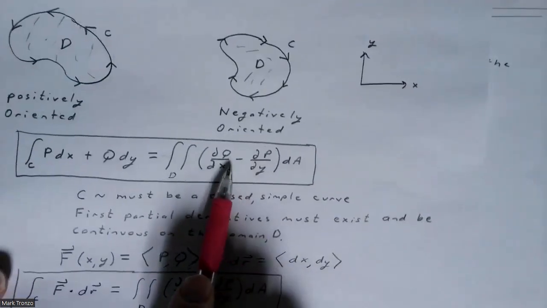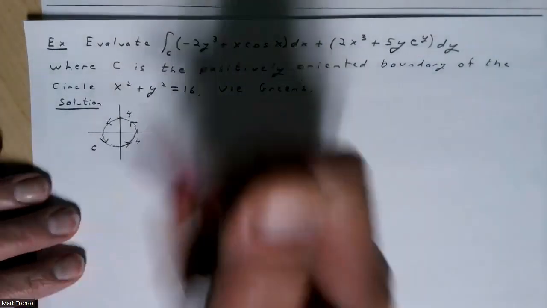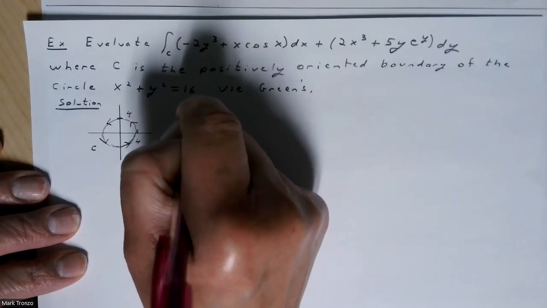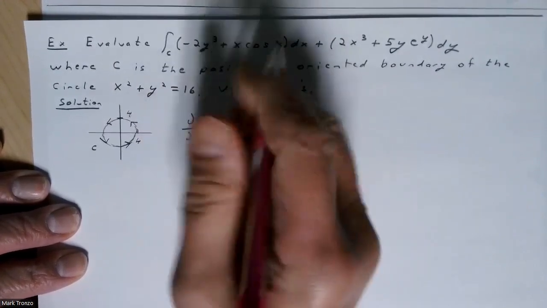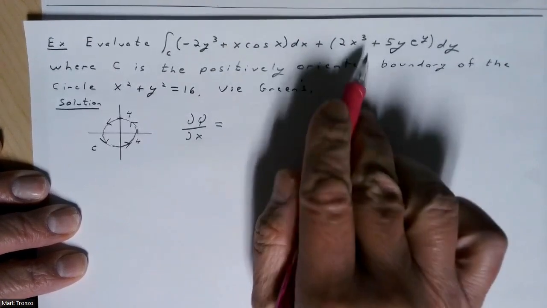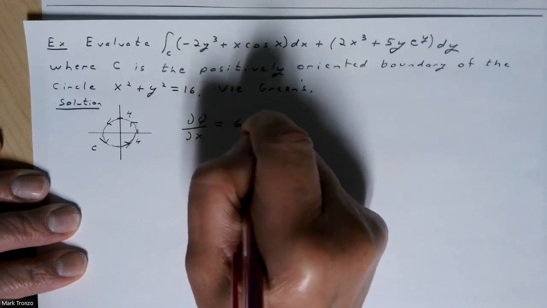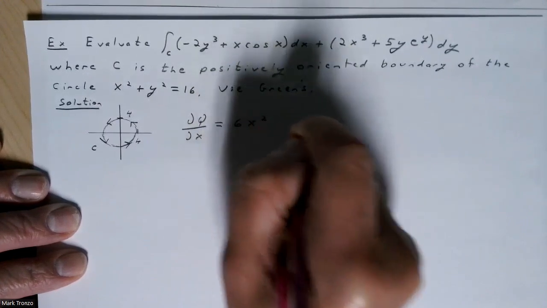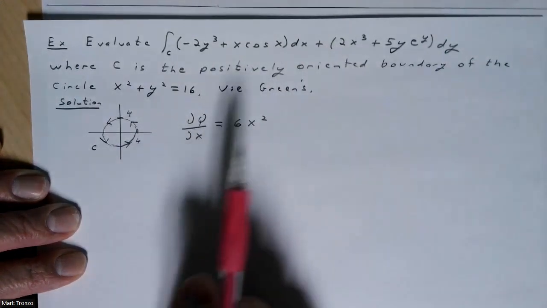Once again, we're going to need dq dx. And of course, this is q. So if we do dq dx, that will be 6x squared. And over here, it's going to be 0.